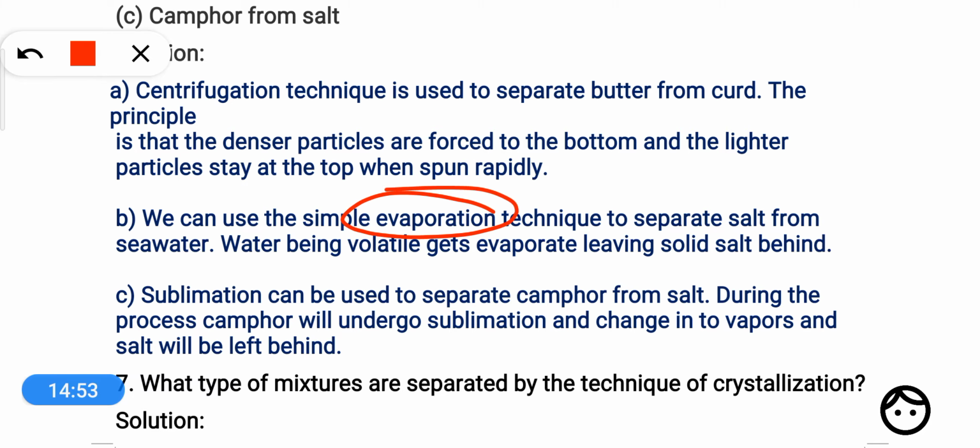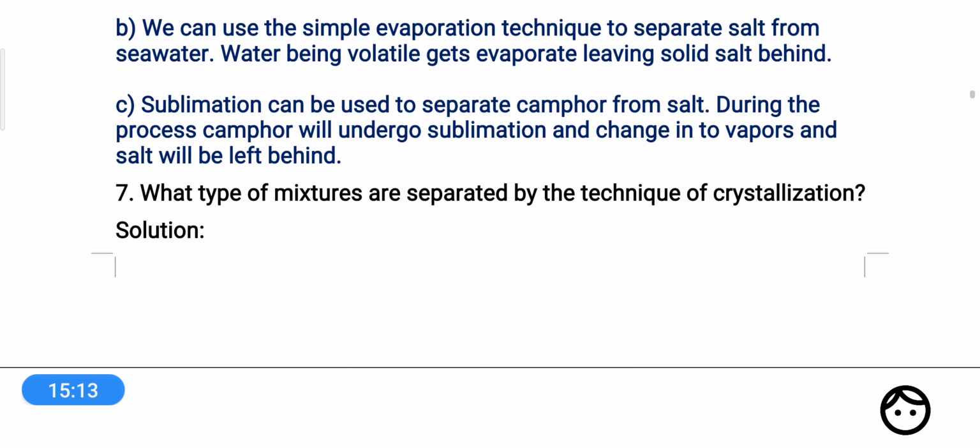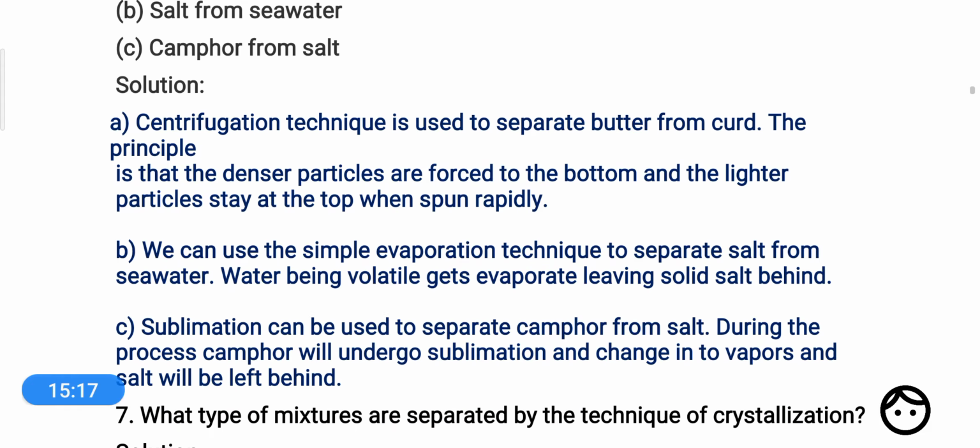Water being volatile gets evaporated, leaving the solid salt behind. Okay, now another, camphor from salt. The camphor from salt can be separated by the technique of sublimation, because the camphor will undergo sublimation, right, and the salt will remain left behind. Okay, so sublimation technique can be used for separation of camphor from salt.